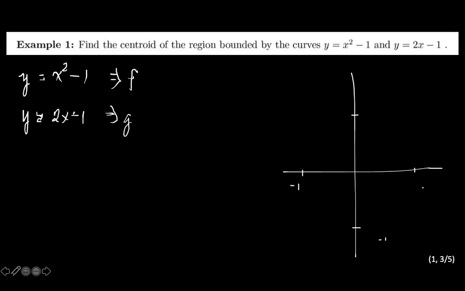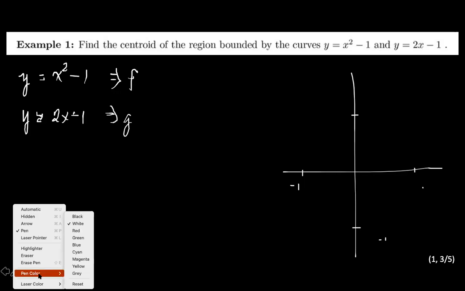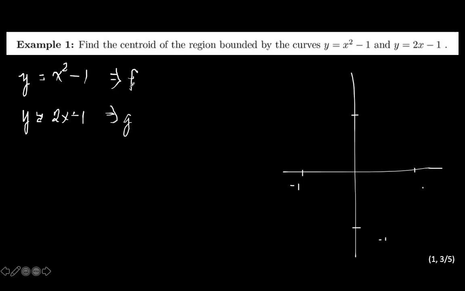Okay, so let's sketch the graph of the given functions. Let's use magenta for f of x, and let's sketch the graph of y is equal to x squared minus 1.